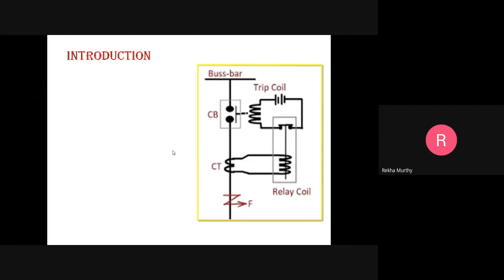The introduction. As you know, a protective relay is one which operates whenever the load current exceeds a preset value. That is called an overcurrent relay. The value of this preset current above which the relay operates is known as its pickup value.